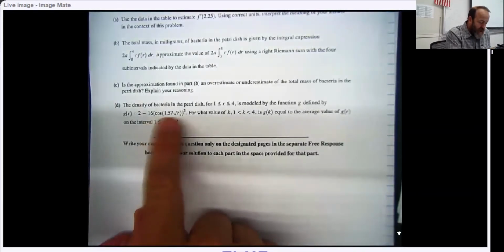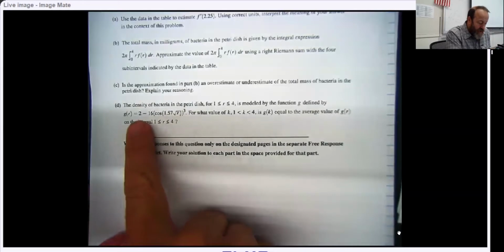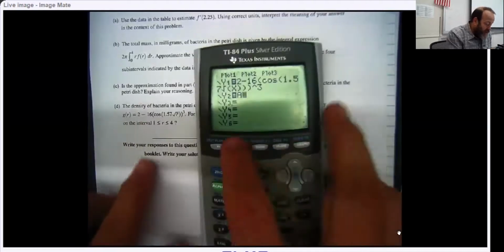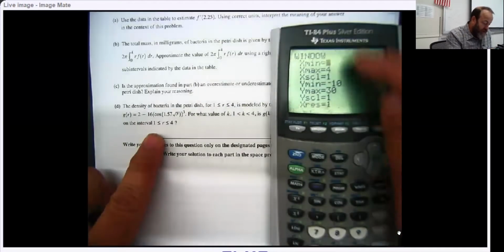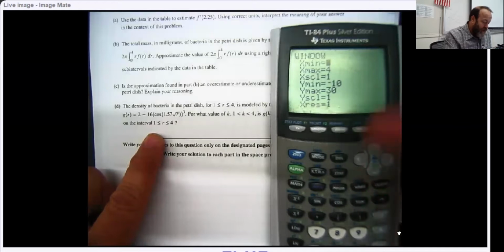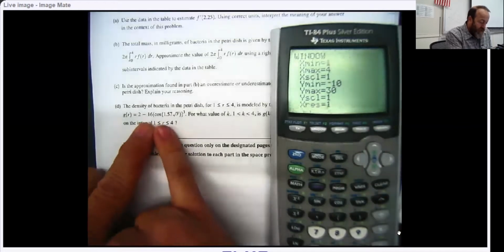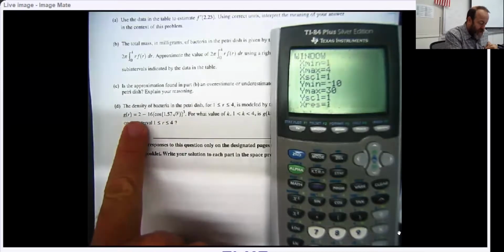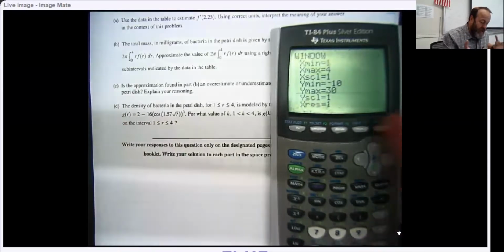So the biggest that this could ever be is 1. So we could be 2 minus 16 or 2 plus 16. As far as a window goes, we're only interested in 1 to 4. Starting at 2, I went up 16 and down 16, and then I broadened it a little teeny bit.